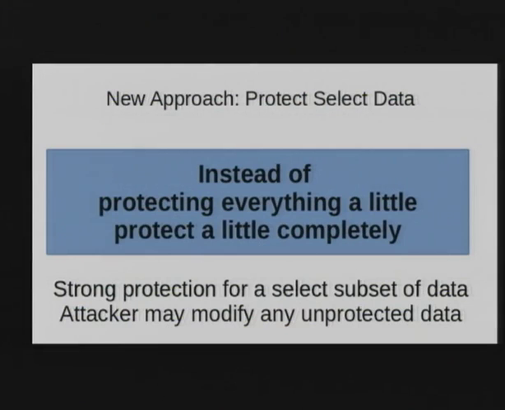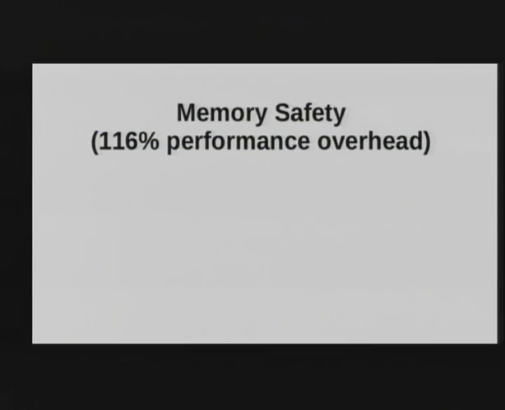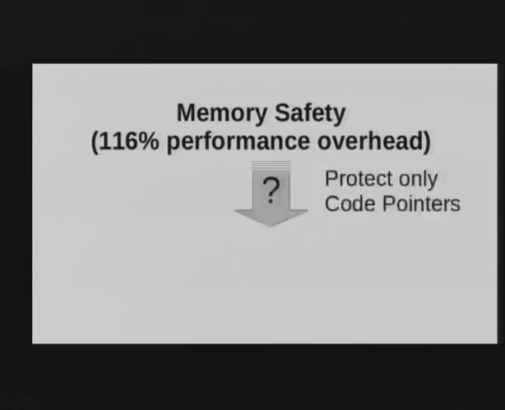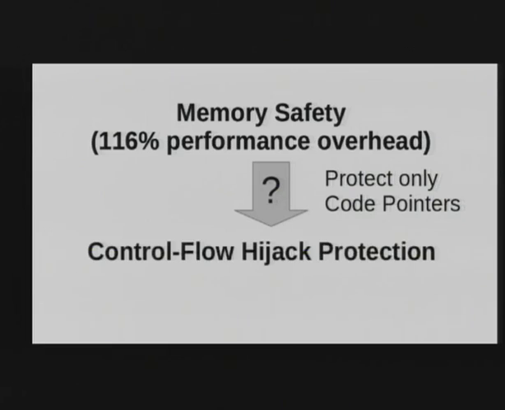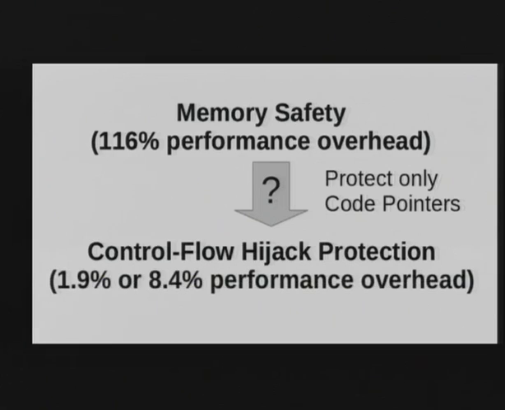So instead of protecting everything a little, we protect a little as good as we can, offering strong integrity guarantees. And to give you a peek into the performance that we are looking at, if we are running full memory safety, we are faced with these 116% overhead. But if we protect only code pointers and give strong guarantees for all the code pointers that are used in the program, we can protect against control flow hijack attacks at a low 2 to 8.4% performance overhead.